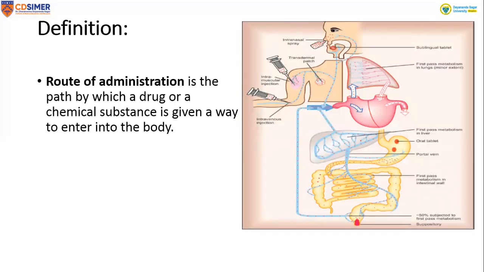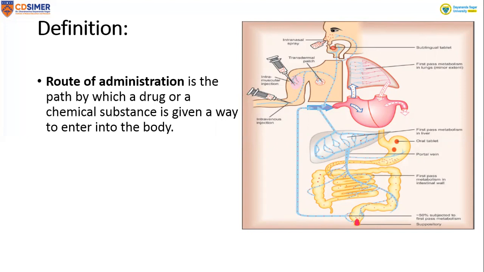So now we are getting into the topic of routes of drug administration. What is routes of drug administration? Routes of drug administration is the path by which a drug or a chemical substance is given a way to enter into the body.